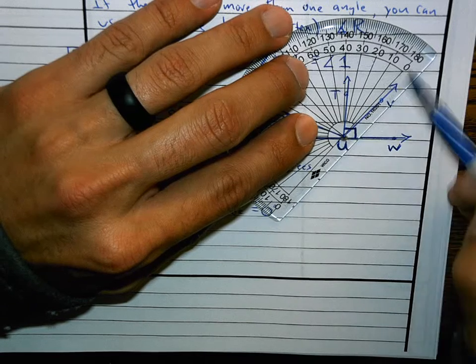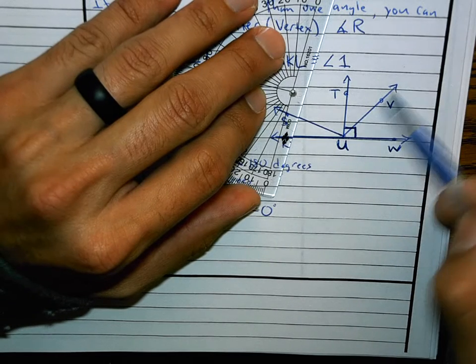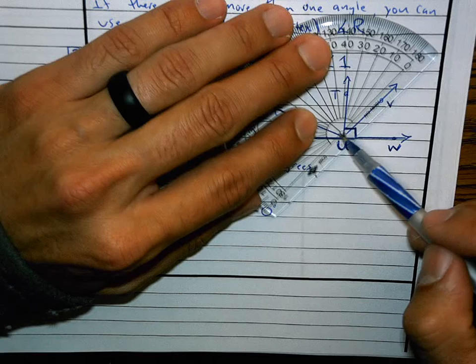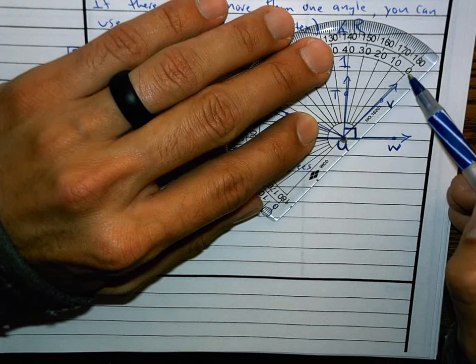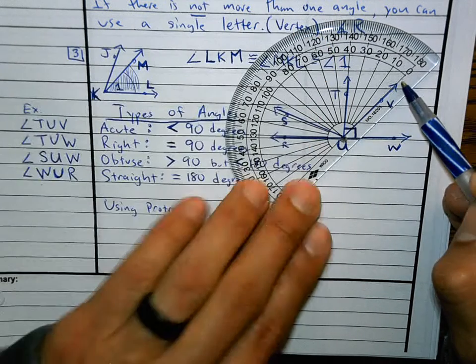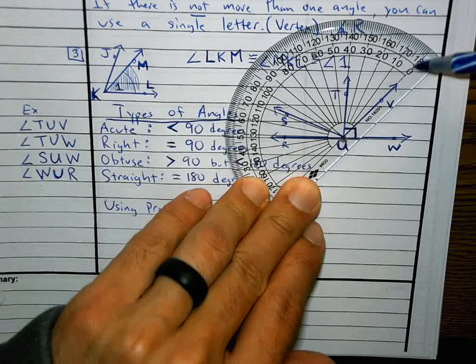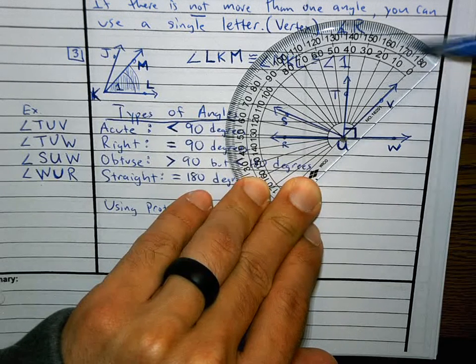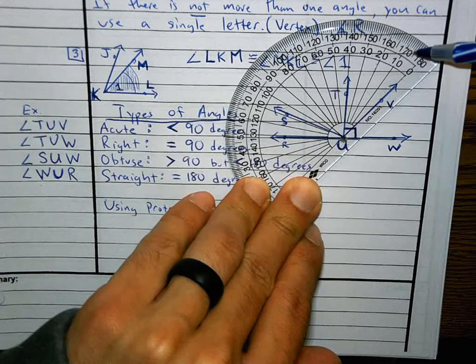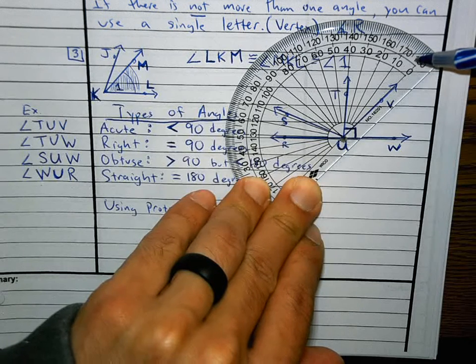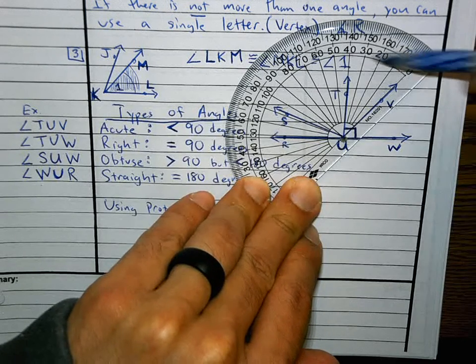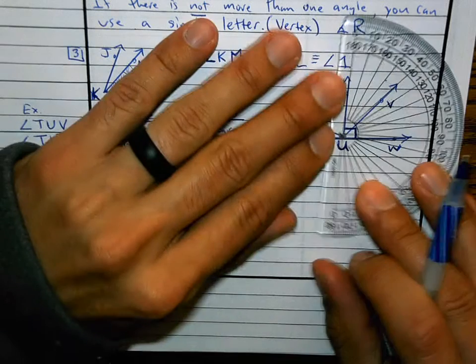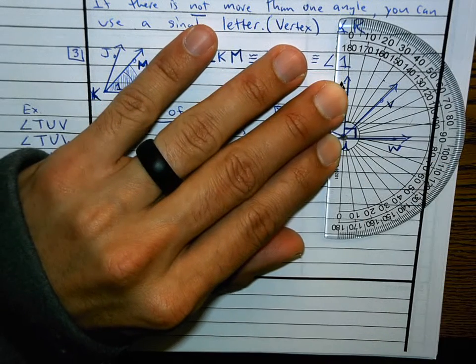And you want one of the sides, T or V, to be 0 degrees. The way this protractor works, there are numbers here, 0, 10, 20, 30, and there's another number here, that's the 180 side. It doesn't matter if you're using this side or this side, you will get the same angle, okay?